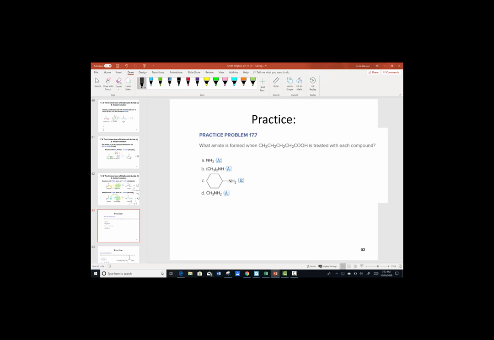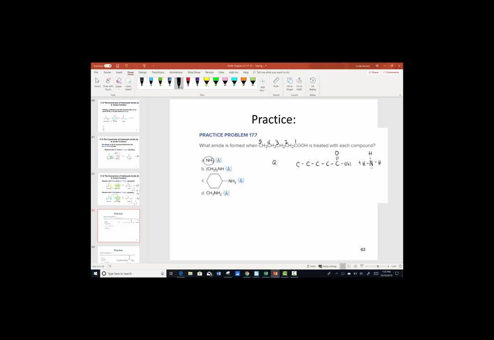Here we have ammonia in letter A. The acid is going to start with 1, 2, 3, 4, 5 carbons. So for letter A, my initial acid has 5 carbons, and I'm going to react it with NH3. Let's just keep in mind the process, just drawing it out for the visual.